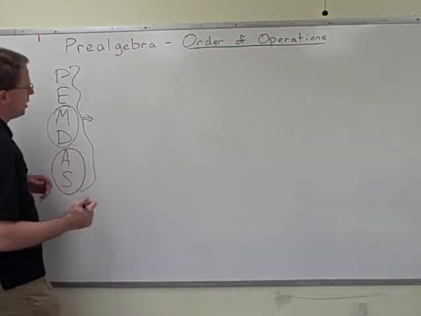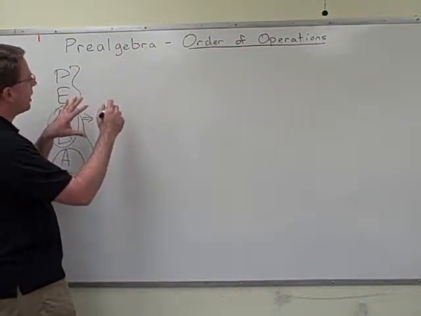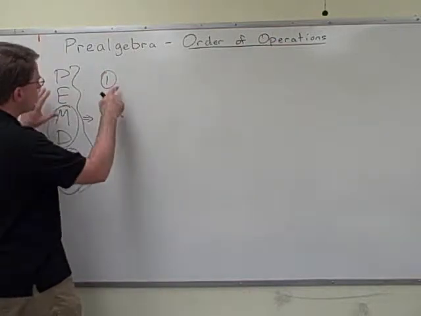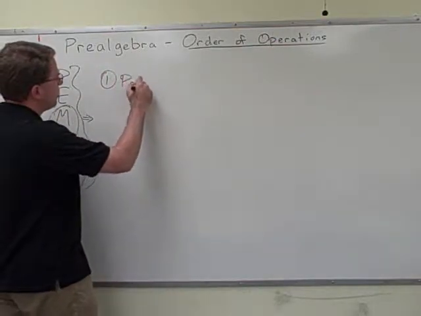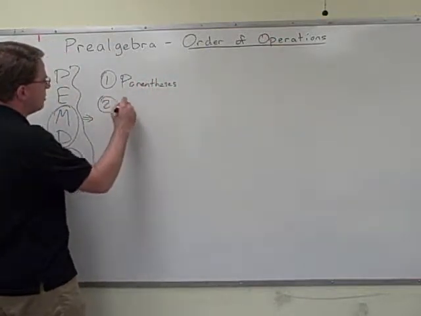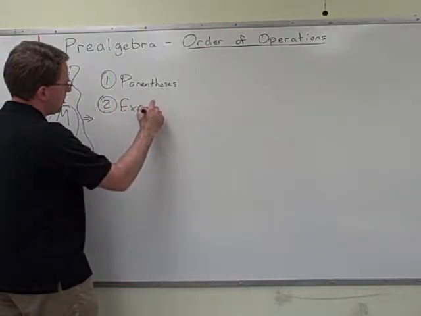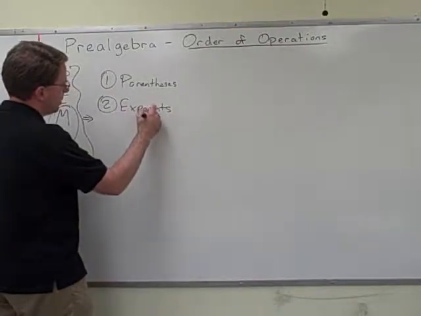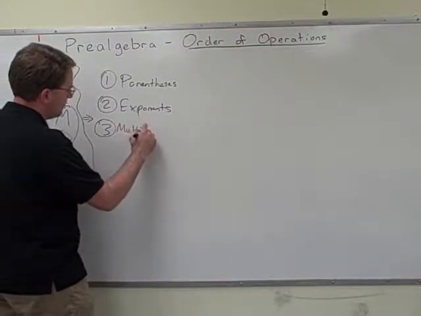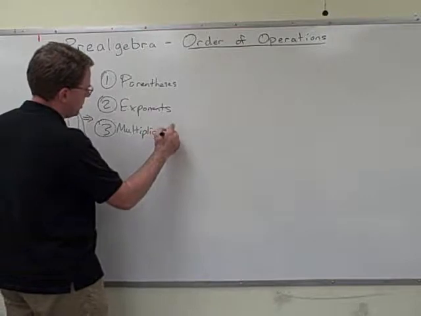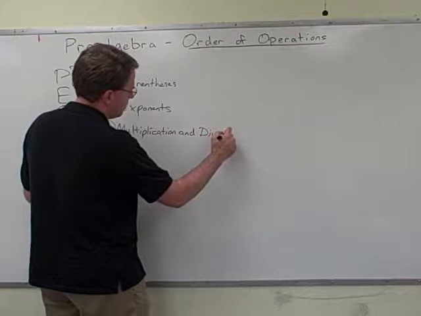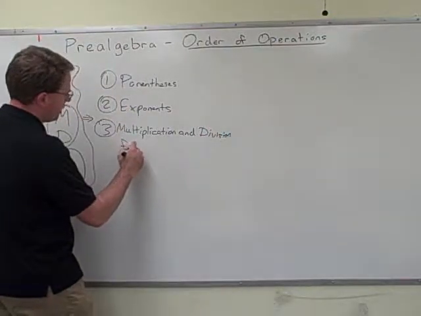Let me rewrite this in a different way that is maybe a little more consistent and easier to follow. First thing you do is anything that's in parentheses. Second thing is exponents. The third thing is multiplication and division from left to right.